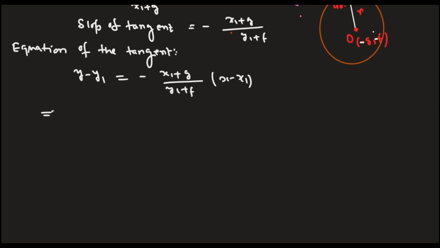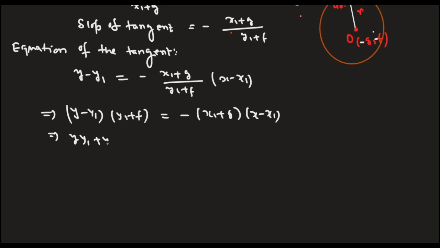We have (y minus y1) multiplied with (y1 plus f) equal to minus (x1 plus g) multiplied with (x minus x1). Multiplying out: y y1 plus yf minus y1 square minus y1 f, equals minus x x1 minus gx plus x1 square plus x1 g.